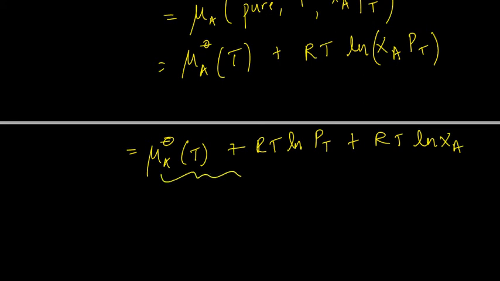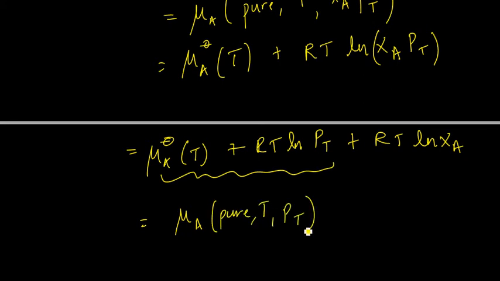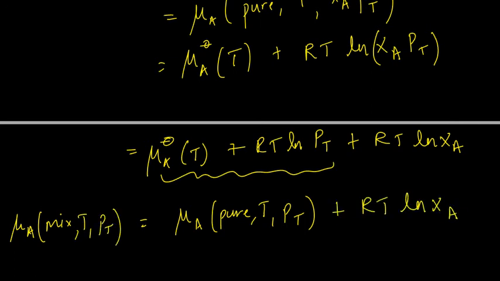And this fellow, I already recognize this is the chemical potential of the pure substance at temperature T and pressure PT. And on the left hand side I had the chemical potential of the mixture at temperature T and PT plus here I have RT log of XA.